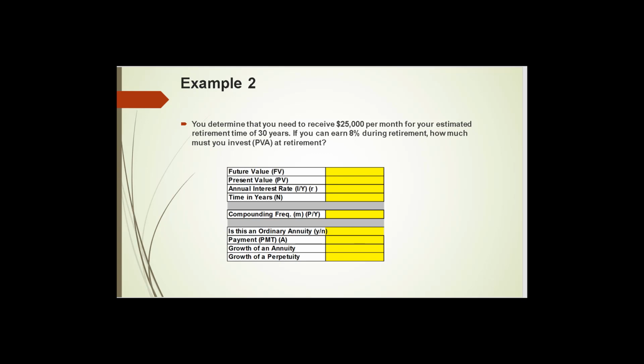So how much do you need to save between now and then in order to acquire this cash flow stream during retirement? And that answer is $3.4 million. So again, you plug those numbers in, make sure you can get those numbers to come out in the solutions when you plug those numbers into the formulas.